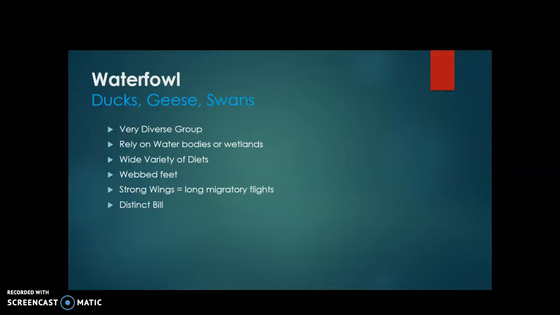They all have webbed feet and are capable of swimming, although they are not all capable of diving down into the water, and your lab will go over the difference between divers and dabblers. They all have strong wings, and this group does perform long migrations. So very few species, and I actually can't think of any in this group, are not migratory species.